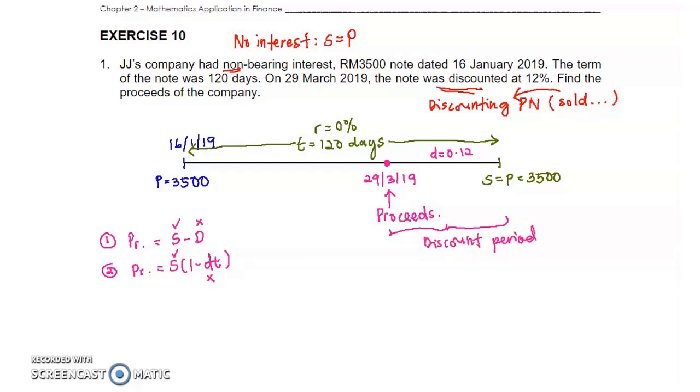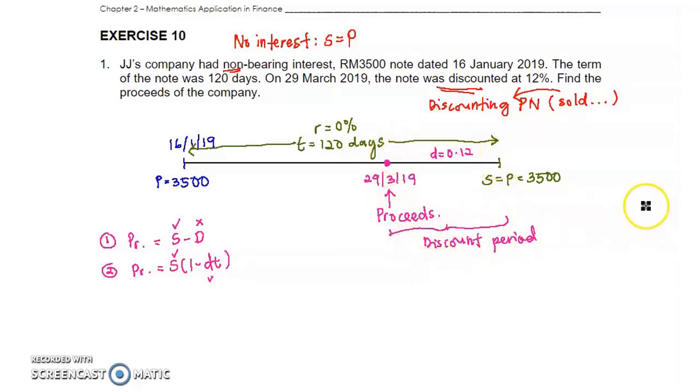So we have value D. How about T? Remember, be careful with formulas with RT and DT in them. For example, here DT: T here is with regard to D multiplied by T. So T here must be the number of days from discounted date until maturity date, meaning the discount period.